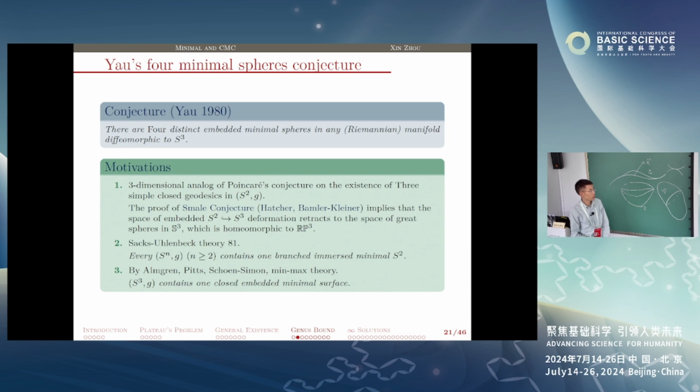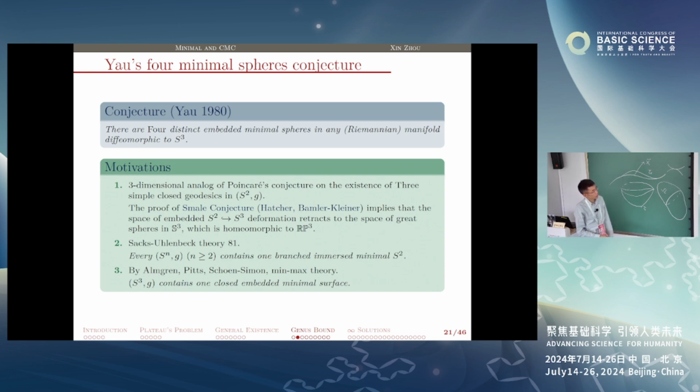And the actual reason was due to the Smale conjecture, which implies that if you consider all embedded S2 in S3, endowed with the smooth topology, that deformation retracts to the space of great spheres. We know that a great sphere is uniquely determined by the antipodal points, that is homeomorphic to RP3. So a Morse function on RP3 always has at least 4 critical points. So you expect to have 4 critical points of the area functional, which would be smooth embedded minimal 2-spheres.